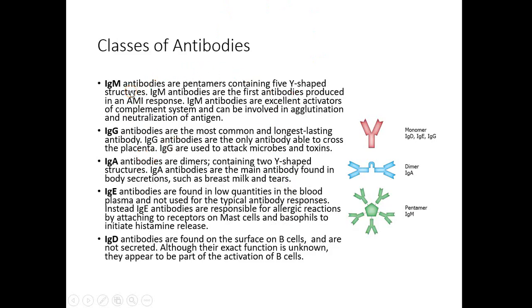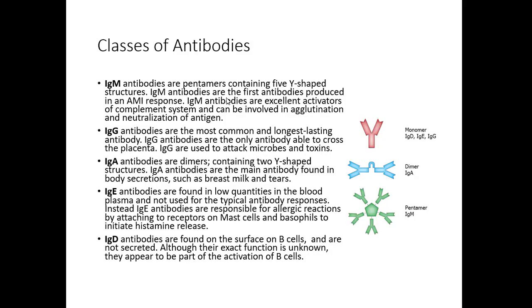So let's look at our 5 classes of antibodies. IgM is going to be the first antibody that's produced in that antibody mediated response. IgMs help activate complement, and they're involved in the processes of agglutination and neutralization. We're going to look at the functions here in just a moment.